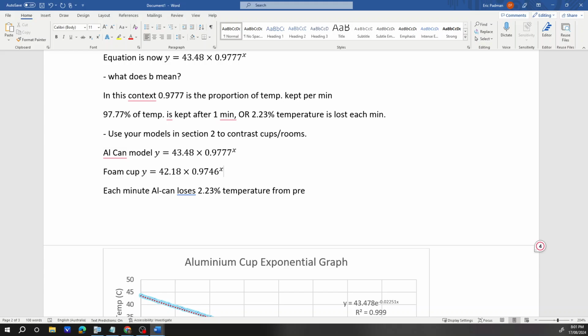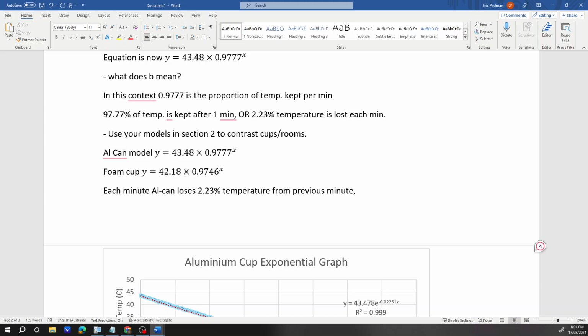Because if you lose 2%, say you started at 100 degrees, you'd be down to 98, but then you lose 2.23% of that, so you're losing less, which is why the curve flattens out to almost horizontal. Technically you never really reach room temperature if the model holds true, but eventually it becomes a rounding error. You can never measure that close to room temperature, so it doesn't matter, according to the model anyway.